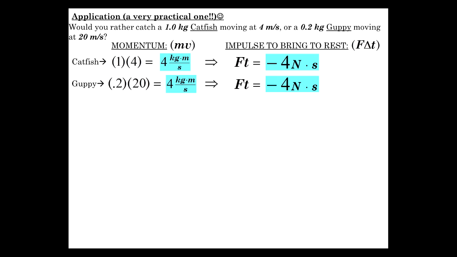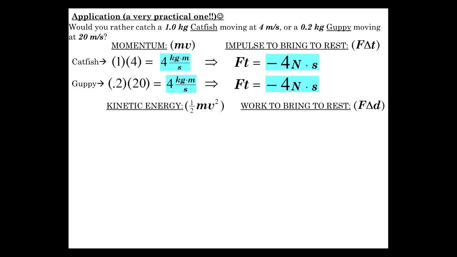The same force times time will bring that smaller guppy that's whipping at you really fast to rest. Same impulse, force times time. Now, kinetic energy, 1/2 mv squared, and the work to bring that to rest.